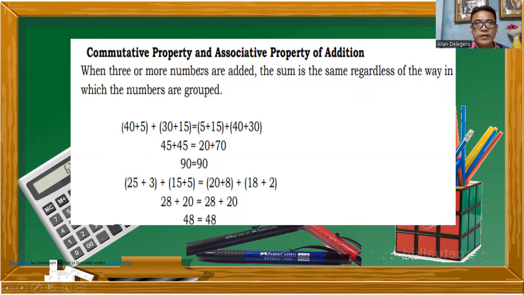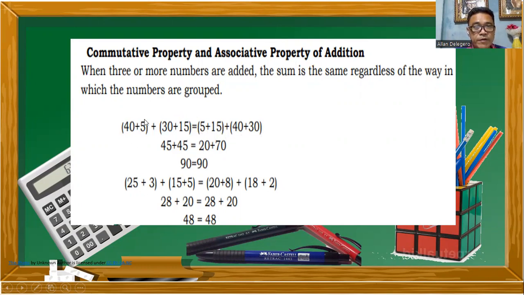Commutative property and associative property of addition. When 3 or more numbers are added, the sum is the same regardless of the way in which the numbers are grouped. Example, (40 plus 5) plus (30 plus 15) equals (5 plus 15) plus (40 plus 30).